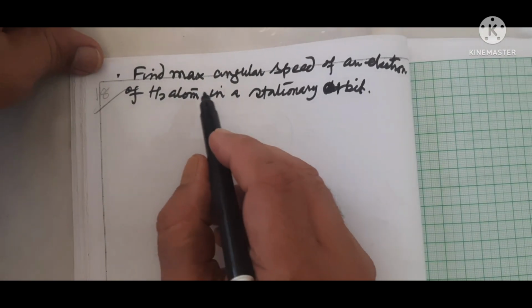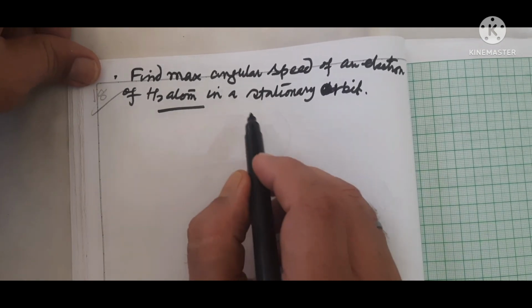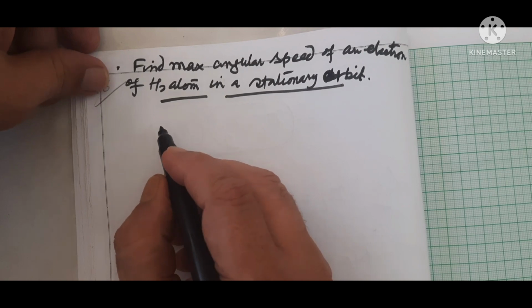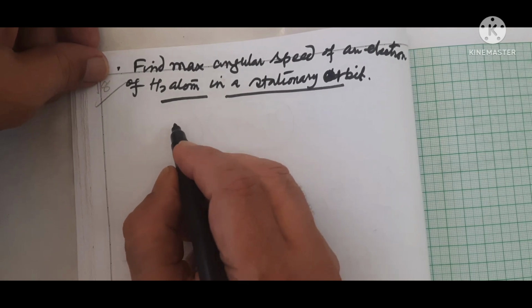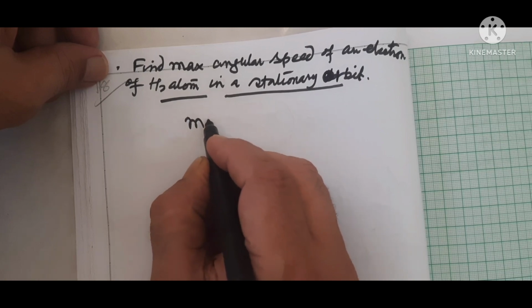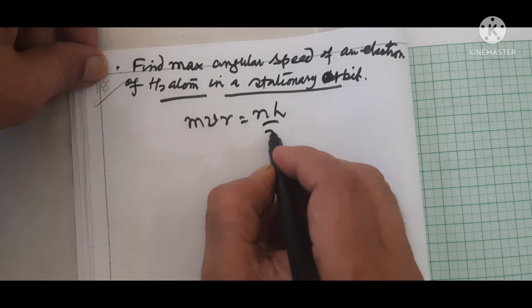Another question, find maximum angular speed of an electron of hydrogen atom in a stationary orbit. So definitely we have to use the Bohr's postulate, that is angular momentum mvr is equal to nh by 2 pi.